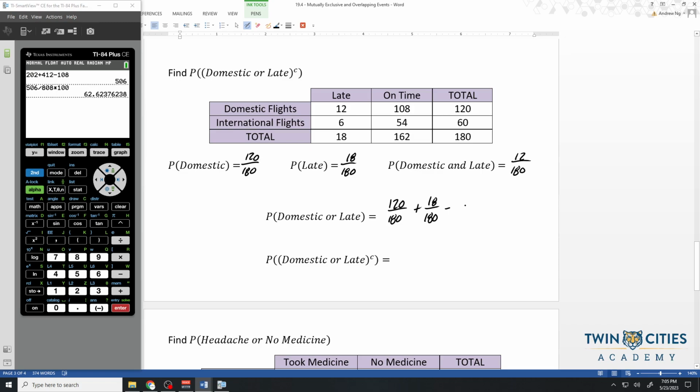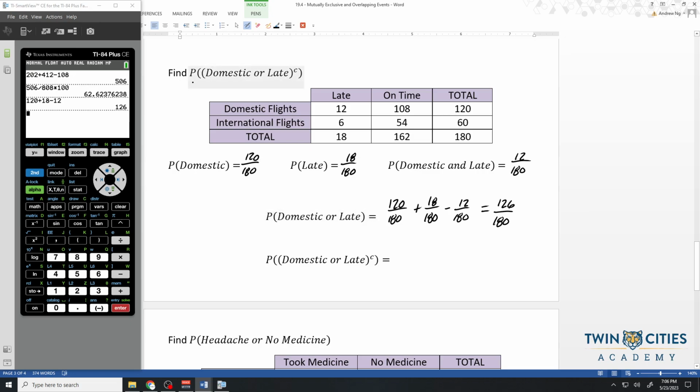So I'm subtracting 12 over 180. So 120 plus 18 minus 12. This is 126 over 180. Now that's domestic or late.